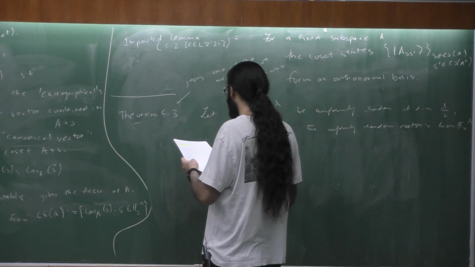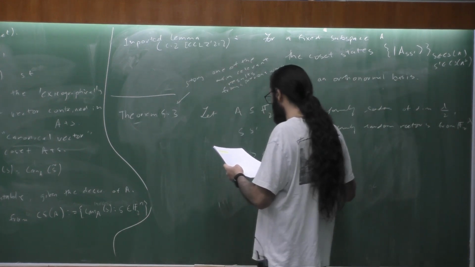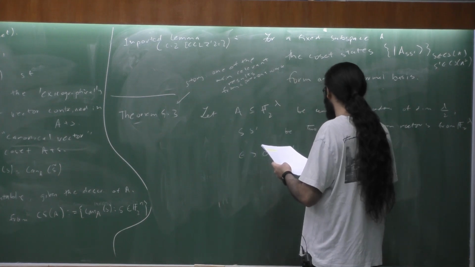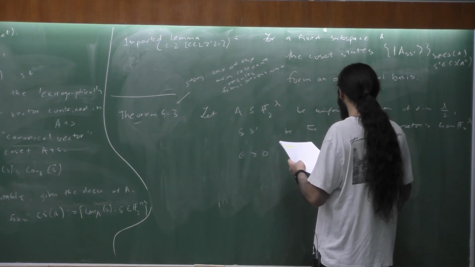You let epsilon be greater than 0 such that 1 by epsilon is little o of 2 to the n by 2.